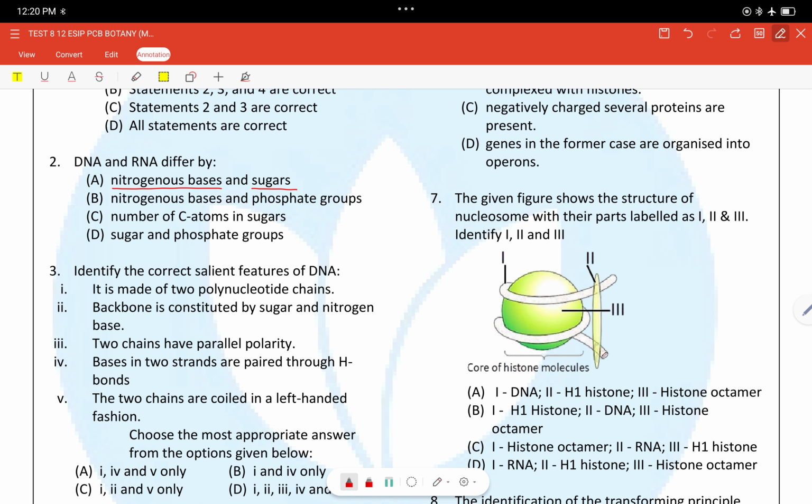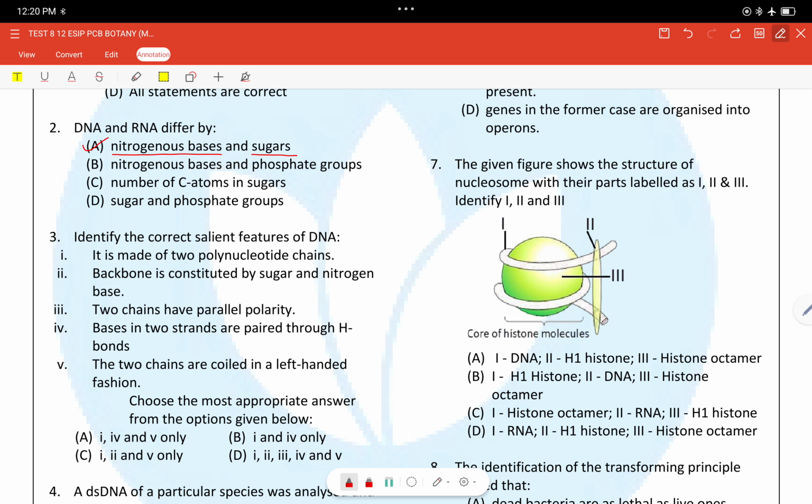So the difference is nitrogenous base and sugar. Other options like nitrogenous base and phosphate group are incorrect. Carbon atoms in sugar, both the sugars have 5 carbons, so this is also incorrect. And sugar and phosphate, again phosphate group is incorrect. So answer will be A.